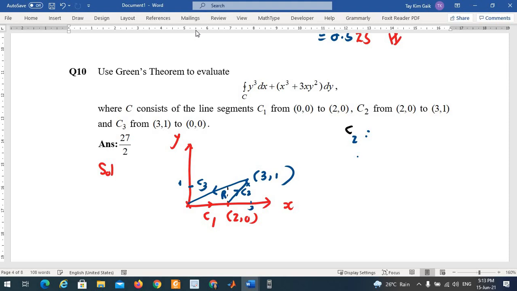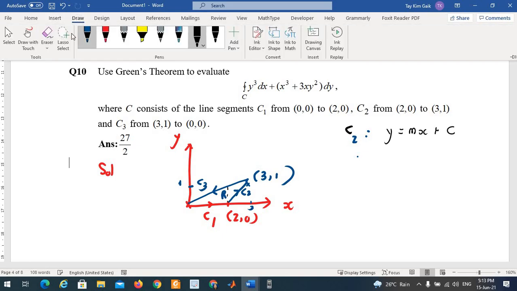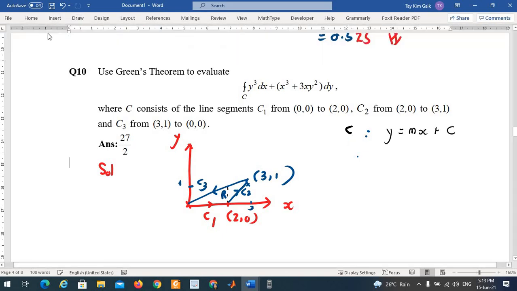So using the straight line equation, you have what? If y equals mx plus c, it will be suitable for curve C3.